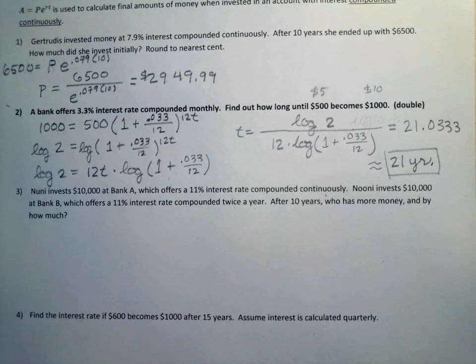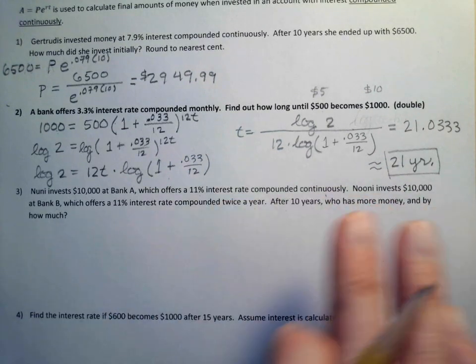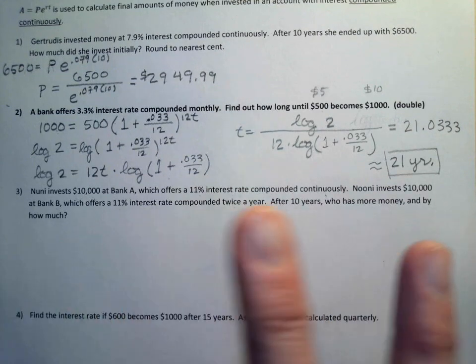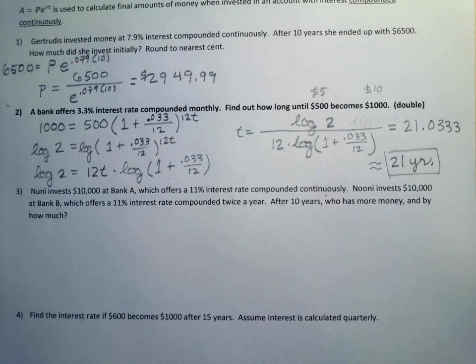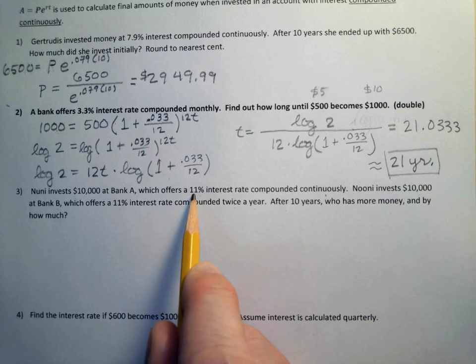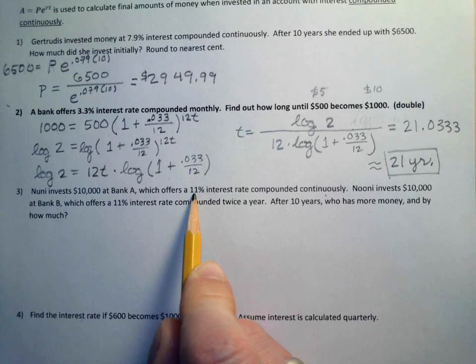Now I know who's going to have the most money. Everything else is the same. The interest rates are the same, the initial amounts are the same. Compounding more continuously gets you more money. And yeah, the interest rate is pretty high, 11%. You'd be lucky to get 3 or 4% in any bank nowadays.